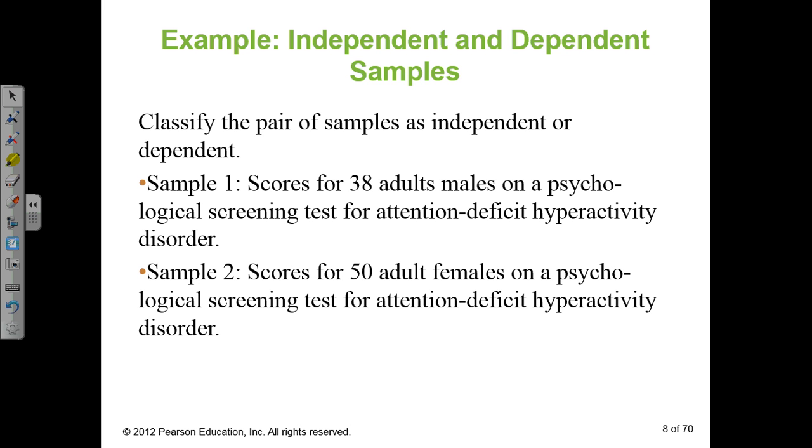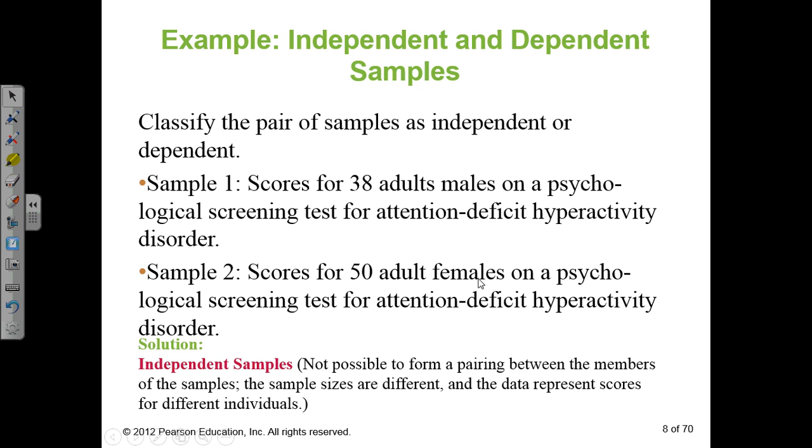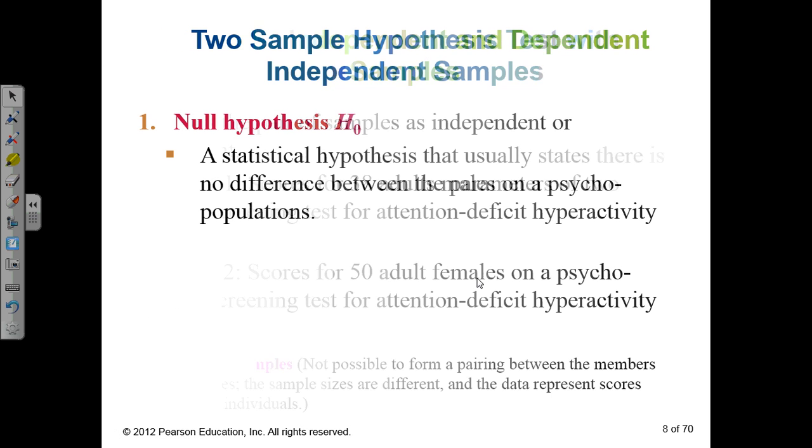Now, if they had been the same, that does not mean they were dependent. For independent samples, they can be the same size or not. But these males do not correspond at all to a particular female. Male 1 does not correspond to female 1. So that makes these independent samples.